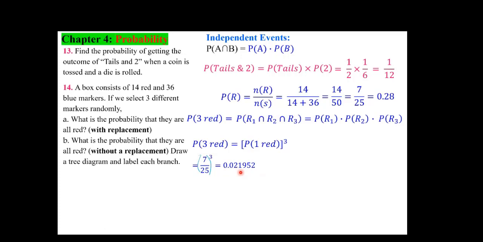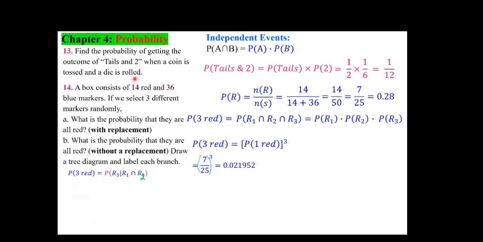Part B says, okay, we're going to do the same thing, but this time without replacement. The first one, and we are interested in the probability of all red. So the probability of R3 given R1 intersection R2. This is R2, okay? And so what do we do here? In this case, understand that we have 14 red and 50 total.